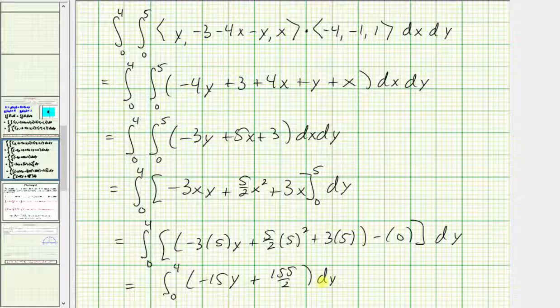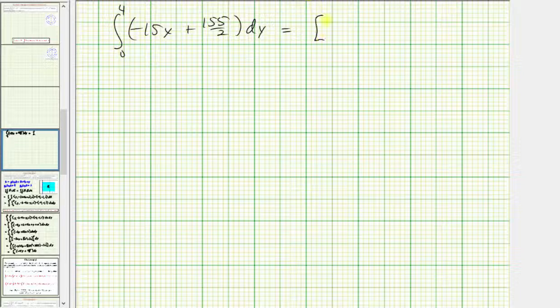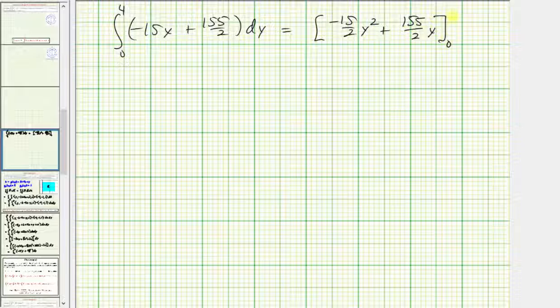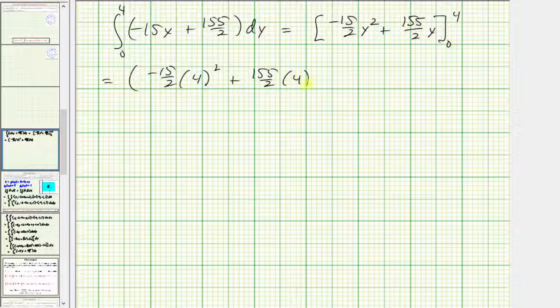And now we integrate with respect to y. So the antiderivative is going to be negative 15 times y squared divided by 2, or negative 15 halves y squared, plus 155 divided by 2 y. Performing our substitution, we have negative 15 halves times 4 squared plus 155 divided by 2 times 4.